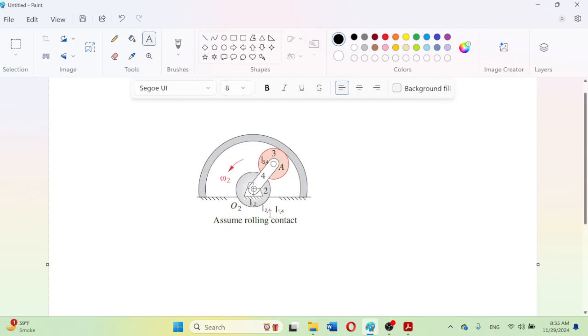So if slipping is possible, the author can write it here that assume slipping contact. So that means rolling will also be there, but rolling will be with slipping, means roll slide joint will be there or the half joint. So assume rolling contact means there is no slipping.